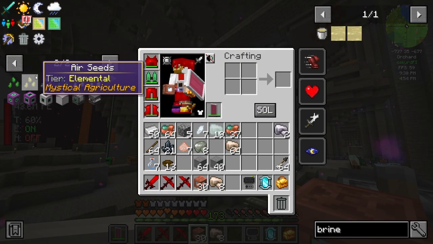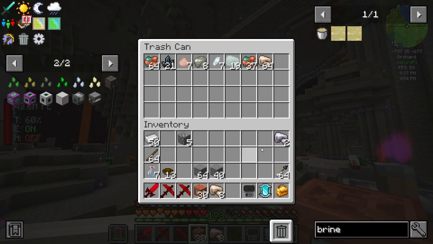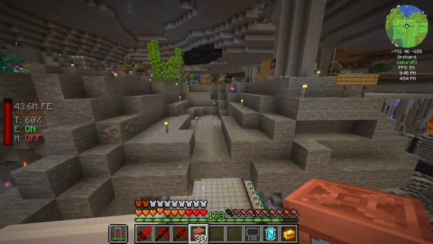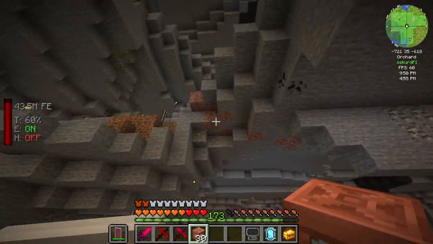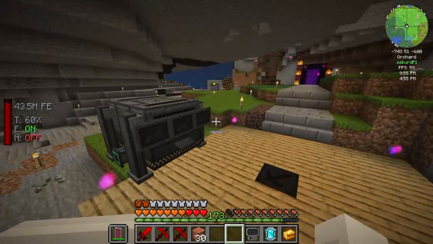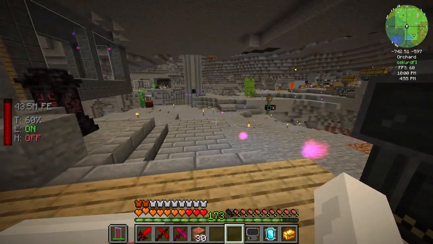And now my ore situation is this good that I can just pop, pop, pop, pop, and remove them. My ore situation is that good. Also, because I was running low on coal, I just made this digital miner. Oh, wait, what? Oh, right, I emptied.